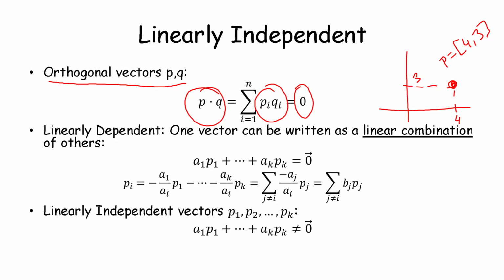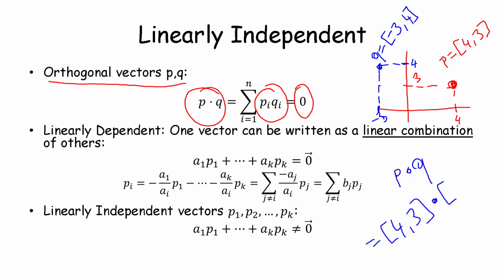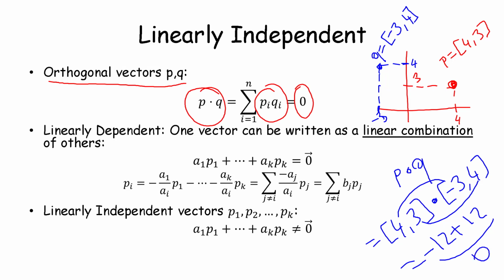For example, let's take a vector q at (-3, 4). If we take the dot product of p and q, we would get (4, 3) dot (-3, 4), which is equal to 4 times -3, which is -12, plus 3 times 4, which is 12, giving us 0.